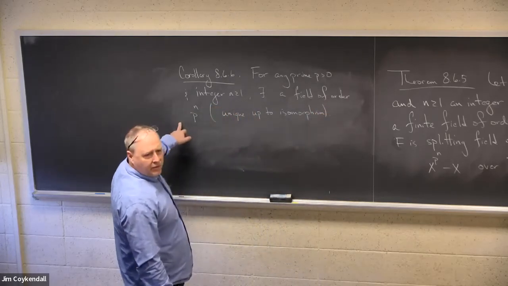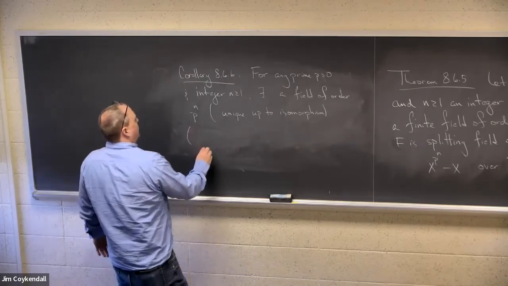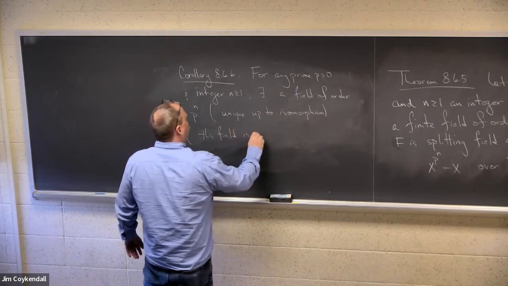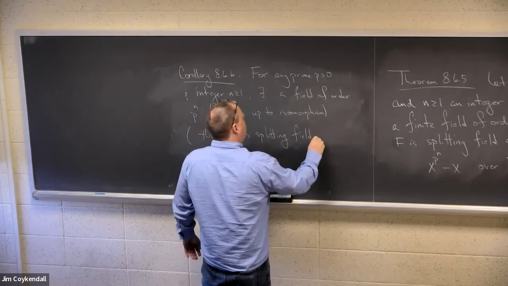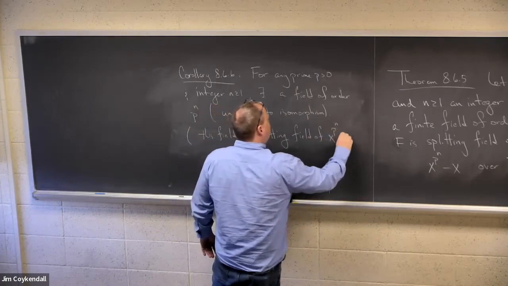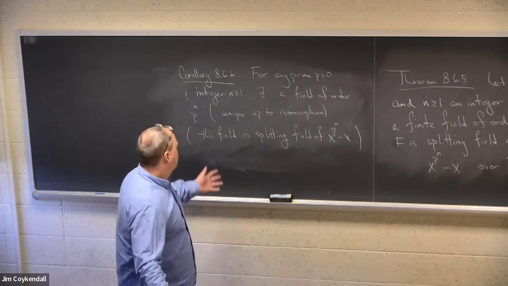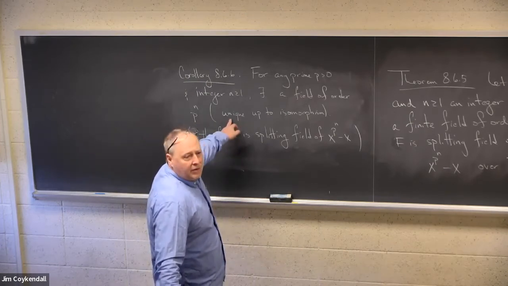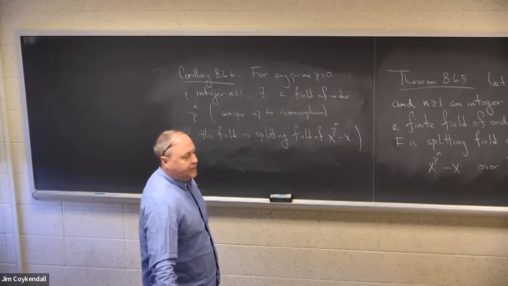And I can sort of, I think, satisfy you in one fell swoop on this one right here, because a finite field is a splitting field. We know it exists by the theorem, right, that the splitting field is in fact a field and it's got p to the n elements. And the unique up to isomorphism comes from the fact that splitting fields of a polynomial are unique up to isomorphism.